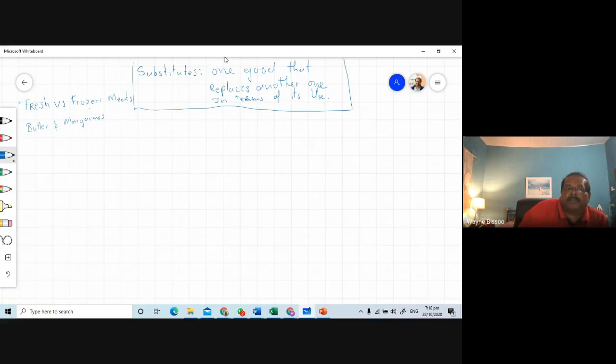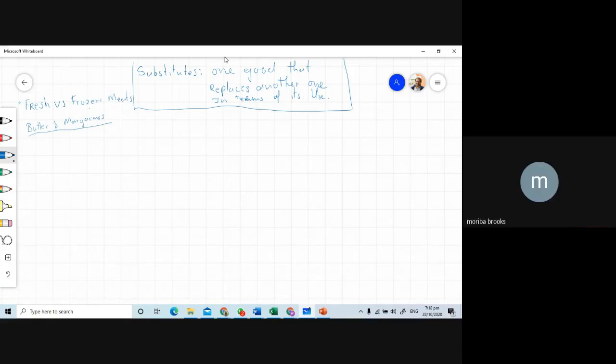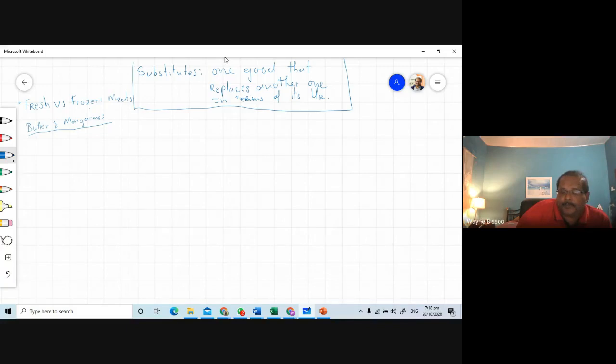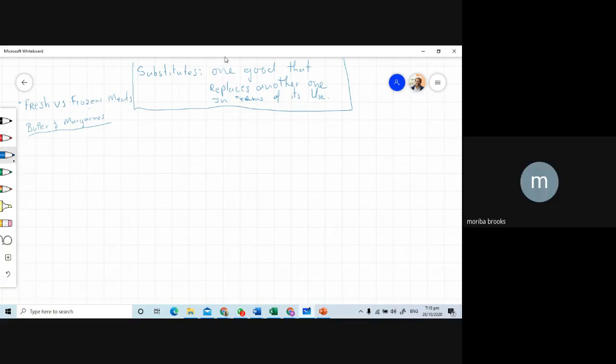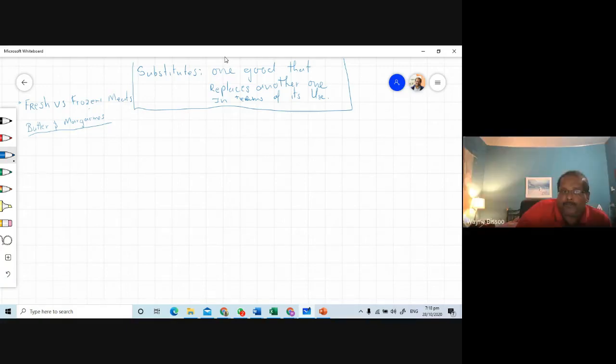All right, so butter and margarine is probably one of the most classic forms of substitution. And in Trinidad, we don't quite get this distinction between margarine and butter. What's the difference between them? Margarine is a synthetic form of butter.